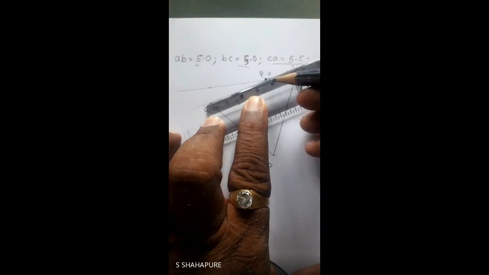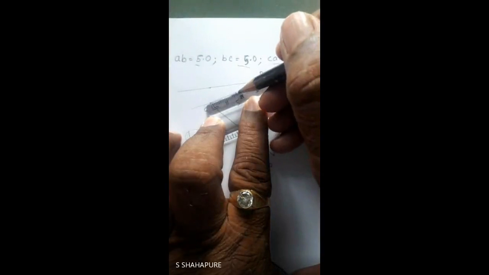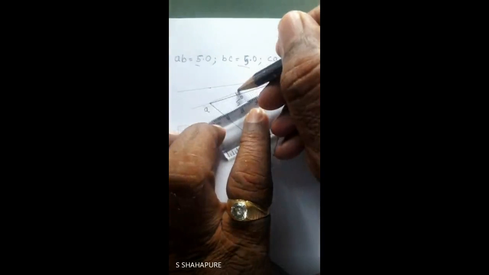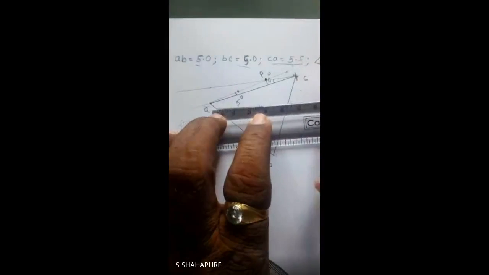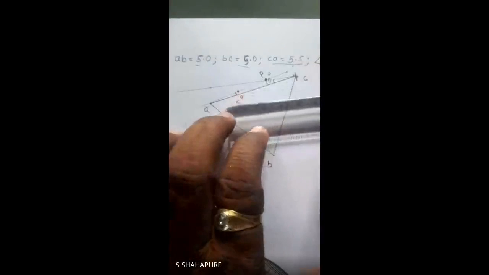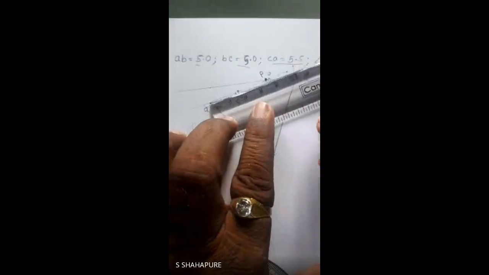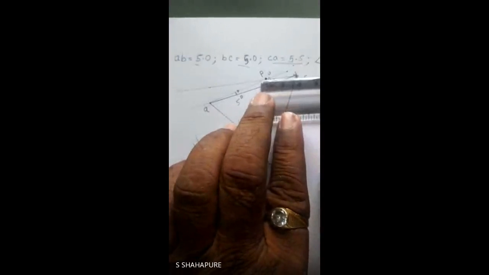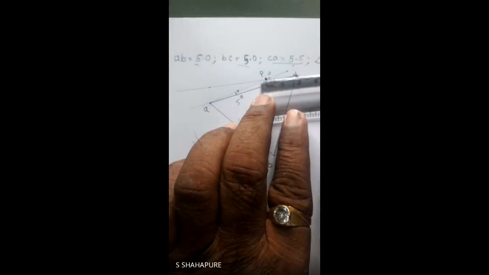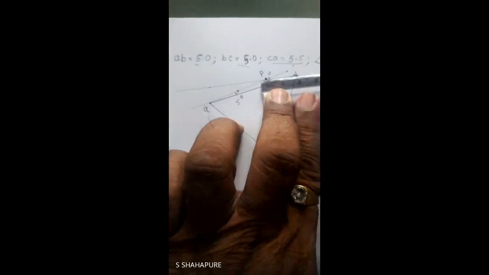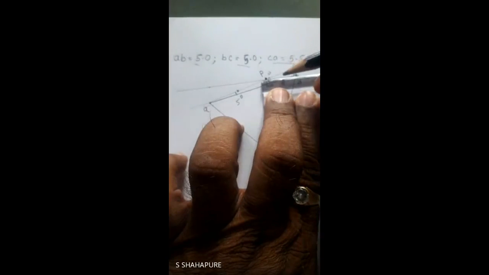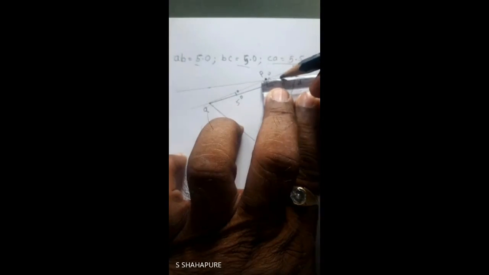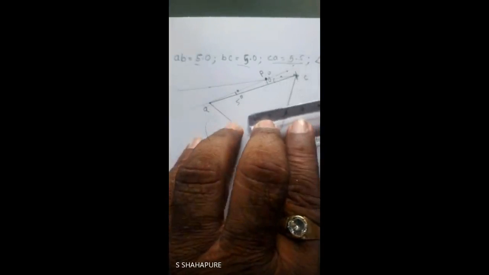This is around 3.8, so 1.9 I will take. And the perpendicular bisector to AP as well as the perpendicular bisector to CP I have to draw. This is around 1.9, so somewhere here I will mark the midpoint.